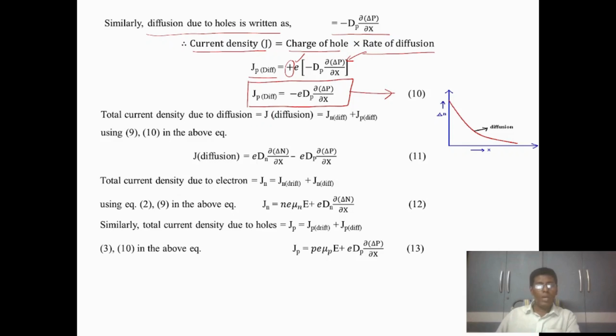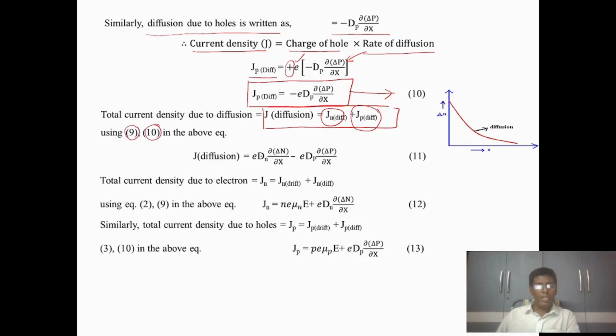Now the total current density because of the diffusion process can be written by adding Jn diffusion plus Jp diffusion. That means the current density due to diffusion of electrons and the current density due to diffusion of holes. Substitute the 9th and 10th equations in the above expression.